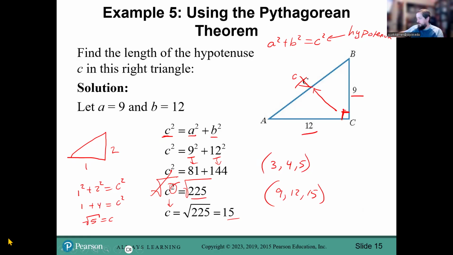In fact, I get 2.236. And this is irrational, so it just keeps going on. 2.2360667, blah, blah, blah, forever, right? So consider yourself lucky if you end up with a Pythagorean triplet, but quite often you won't.